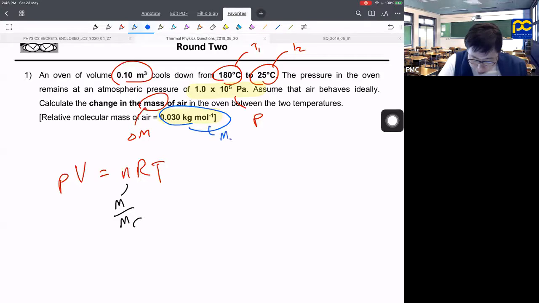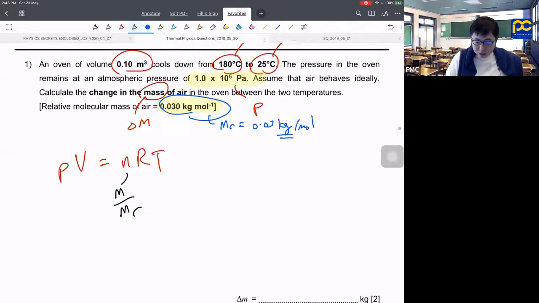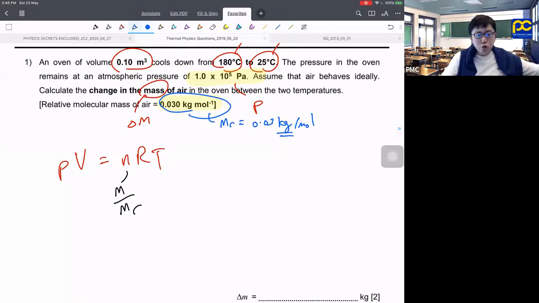But remember, the unit by right should be gram per mole. The teacher gives it to us in terms of kg, so I better write it down for you. It's kg per mole. Normally they will give it to me in gram. Normally they say the Mr is 30. The RMM is 30. Can I ask you to give me your answer when you have it?